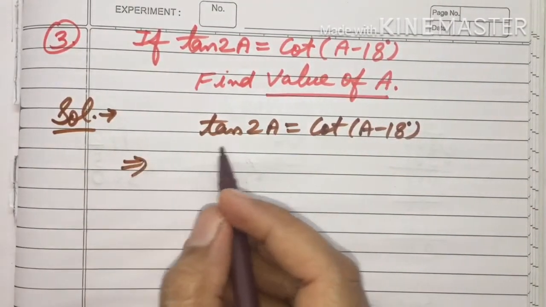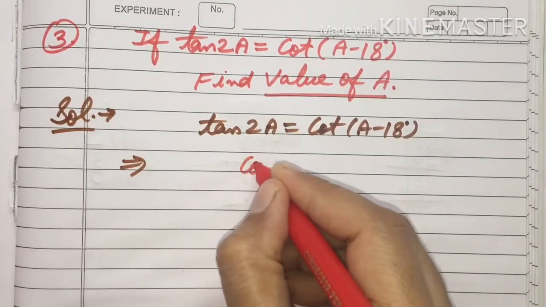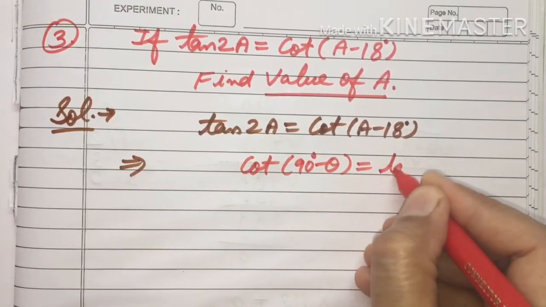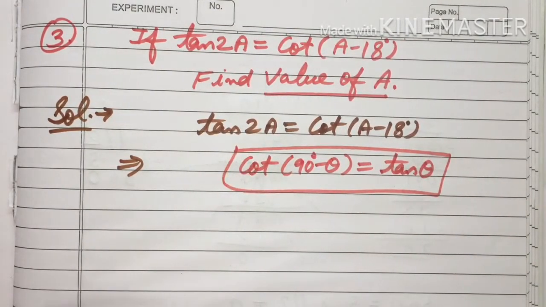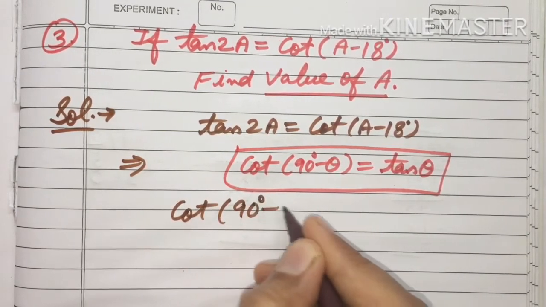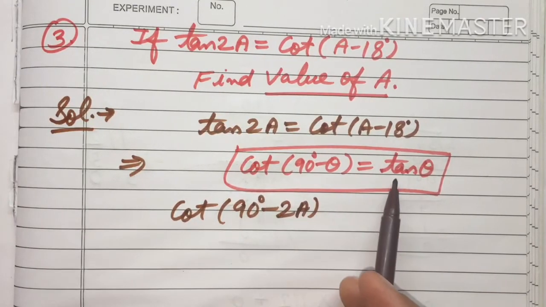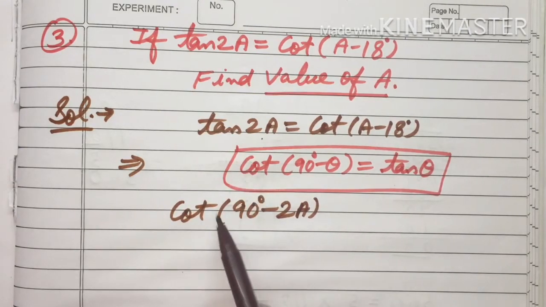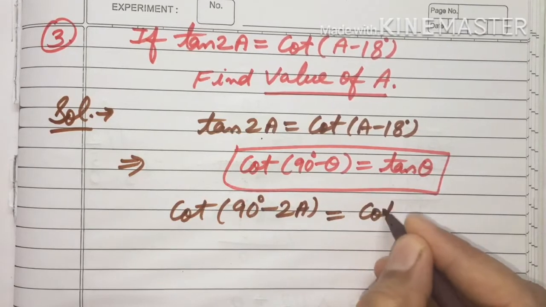So I can change this tan into cot by using the identity, cot of 90 degree minus theta is tan theta. So we will use this relation here. So tan 2A, I can write in this form, cot of 90 degree minus 2A, and other side already cot is there.